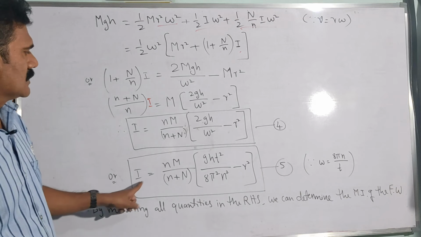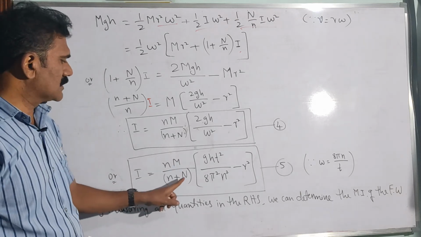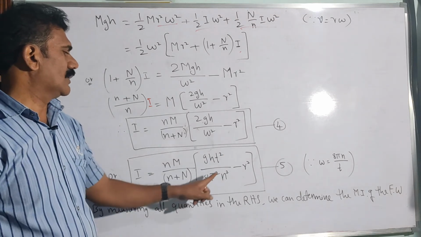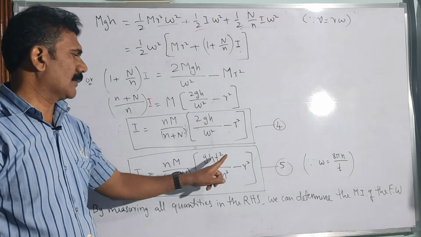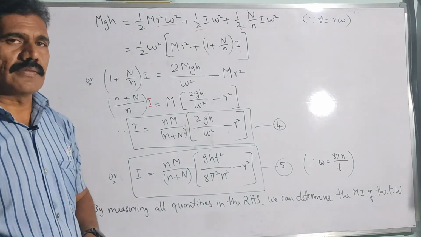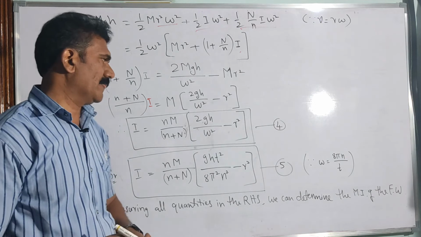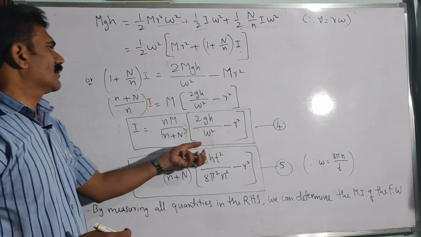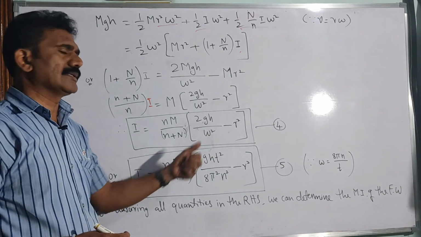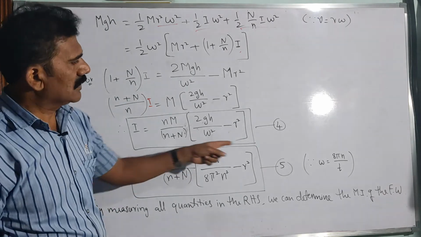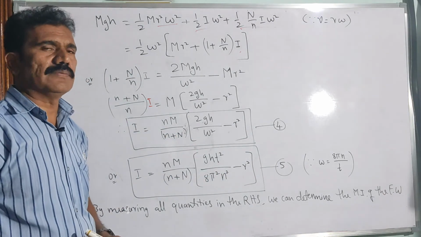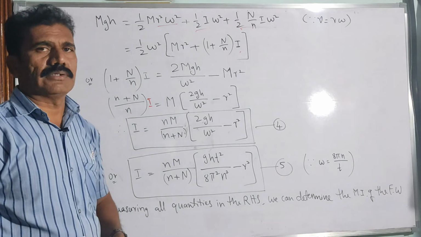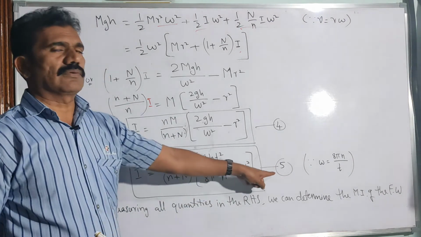Okay. So I is equal to n m divided by n plus N into gh t square divided by 8 pi square n square minus r square is the another equation for moment of inertia. Okay. Because directly you cannot substitute the angular velocity in the equation, if we convert it to experimental physical terms, then it is easy for you to find the moment of inertia using equation 5.